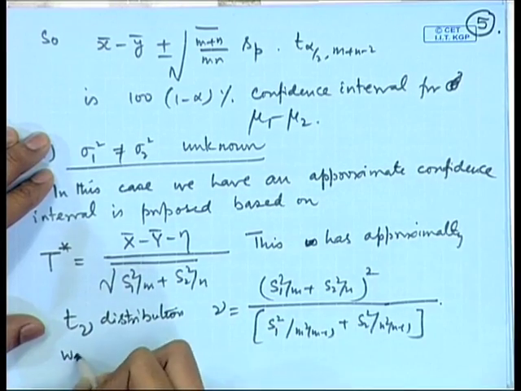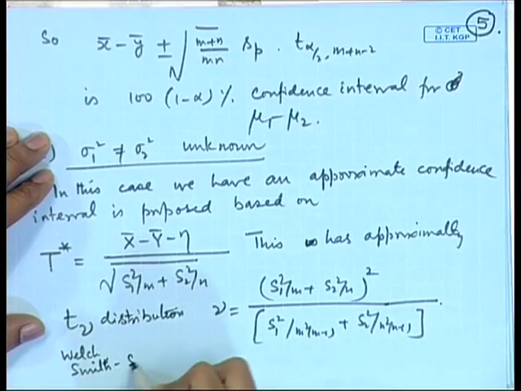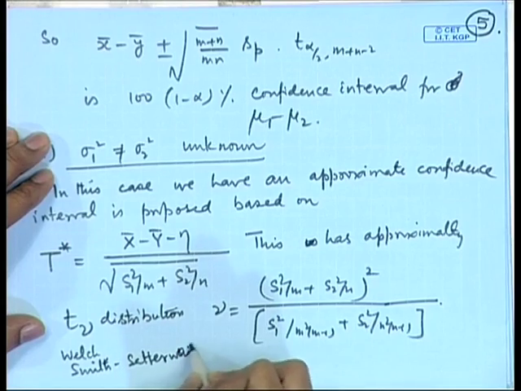It is by Welch and it is known as Smith-Satterthwaite formula.